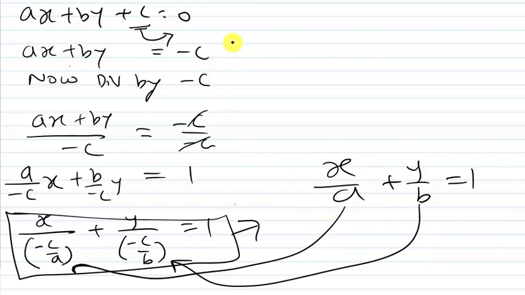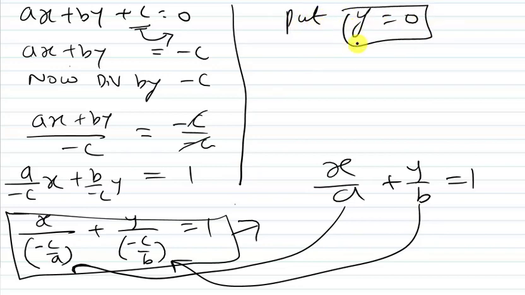Right? Or the second method, what you can do, just put y equals 0 to find the x-intercept, because we know that the x-intercept is of the form a comma 0. If I put y as 0, I will get a, that is the x-intercept. Just put a comma 0 into the given equation, put a as x and in place of y put 0.